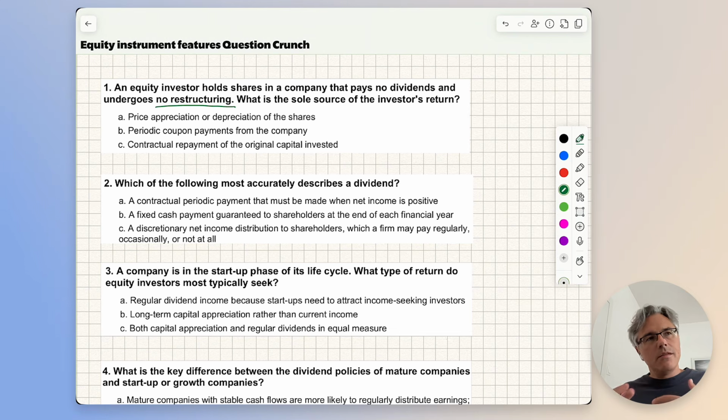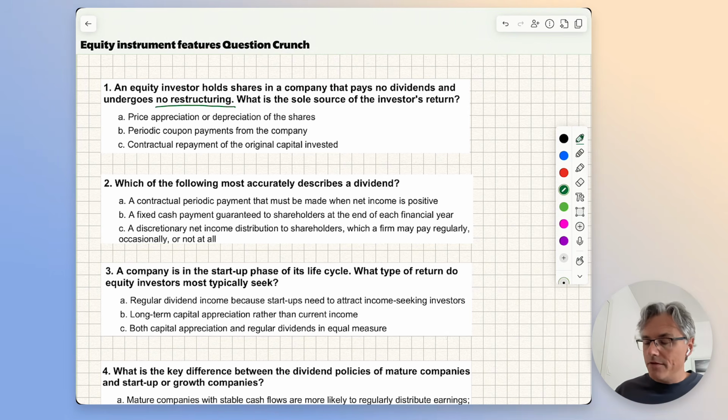You see, when a company goes through a restructuring, there is the possibility that there will be some kind of distribution of funds to investors. The company may shed, may become smaller, may morph into something different, with payments going out to shareholders potentially. But here the idea is no dividends and no other source of payment to shareholders.